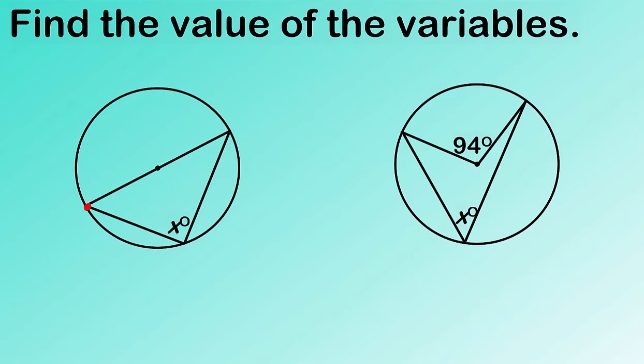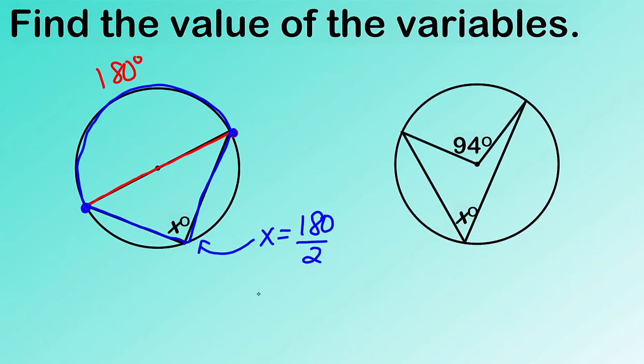Again, I know that a diameter cuts a circle in half, so I'm going to have 180 degrees. This inscribed angle intercepts that entire 180 degree arc. So it will be 180 degrees divided by 2, which would make x equal to 90 degrees. It's a right angle.